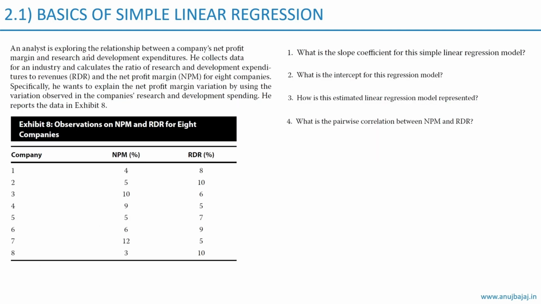An analyst is exploring the relationship between a company's net profit margin and the research and development expenditure. The analyst collects data for an industry and he calculates the ratio of the R&D expenditures to revenues and the net profit margin. And he collects the data for 8 companies.